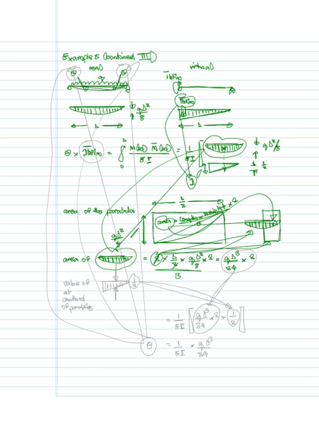So the value at the centroid of the parabola, as we've said, is going to be that value there, which is going to be a half.